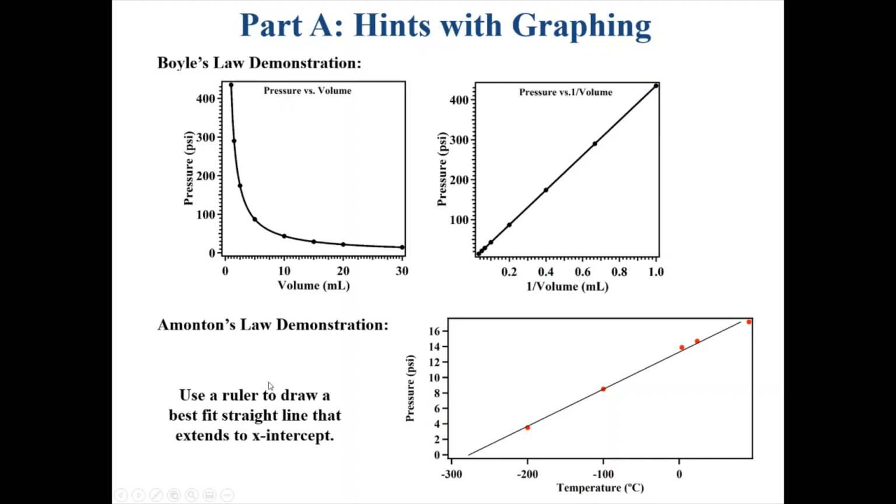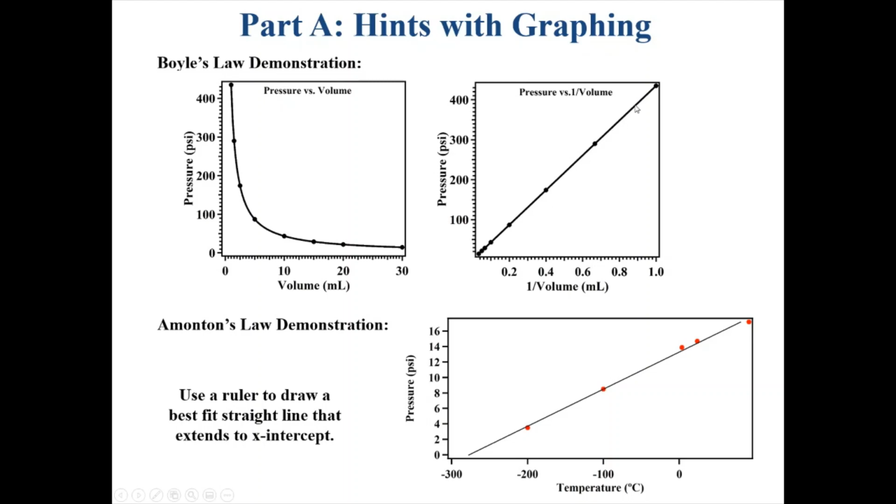So how do you plot this the best way? We're going to have temperature on the bottom, in degrees Celsius, and we're going to have pressure on the left, and you can use pressure in psi. For this graph, we want to plot the data points. Just like we did for pressure versus volume and pressure versus 1 over volume, we're going to put our data points on, and then use a ruler to make a best fit straight line through the data points.